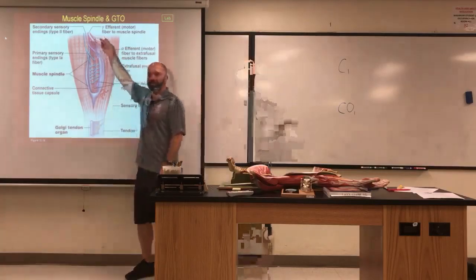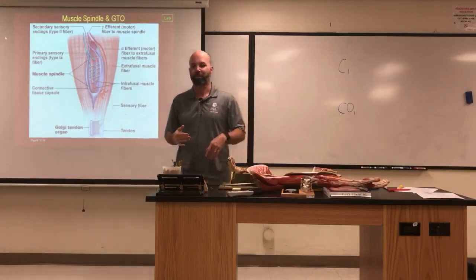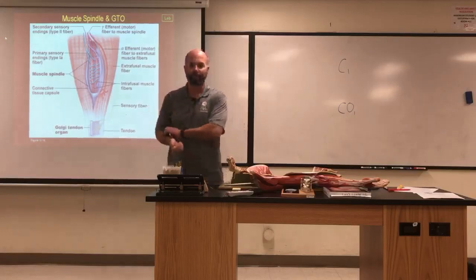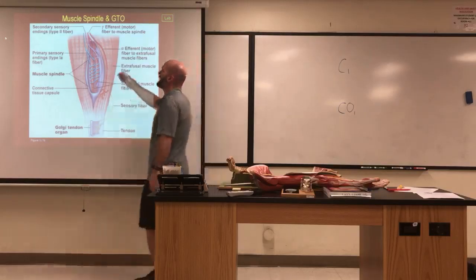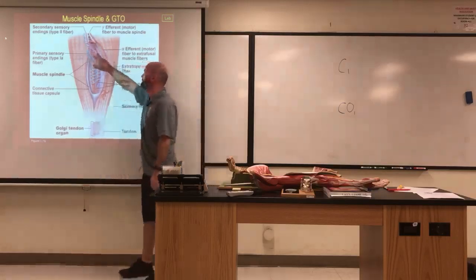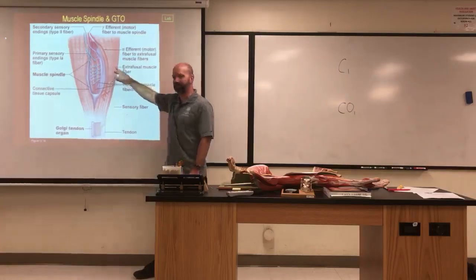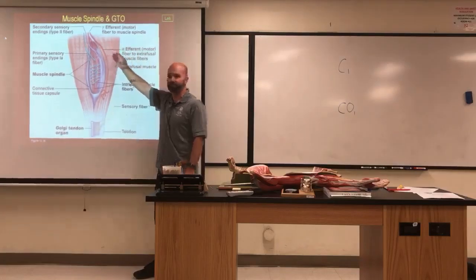Motor neurons. So the one that we've been calling lower motor neuron, the one that controls skeletal muscle, forms neuromuscular junctions. Turns out the full name is alpha motor neuron, to distinguish it from gamma motor neuron. Alpha motor neurons control extrafusal fibers. So that's just your regular lower motor neuron with your regular muscle fiber.